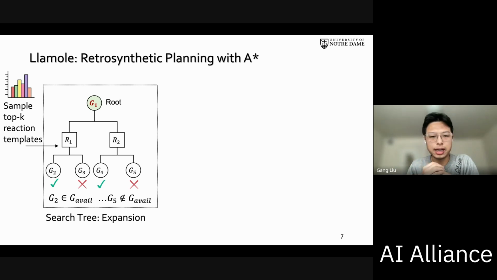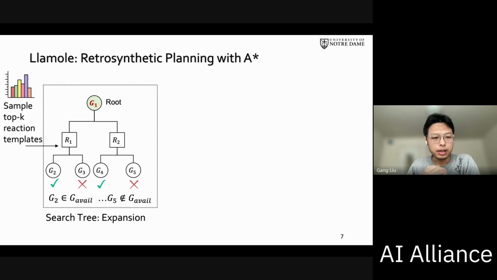It's not an easy task because we can organize this synthesis searching problem in a tree structure, and as the tree goes deeper and deeper, the branches will grow at an exponential speed, actually. So we should be very careful about choosing the leaf node to expand the tree. Here we focus on the A-star algorithm.